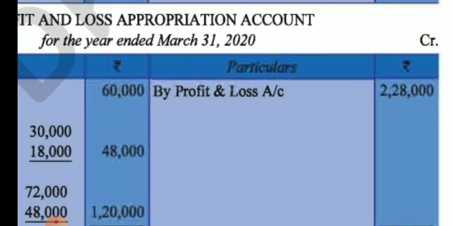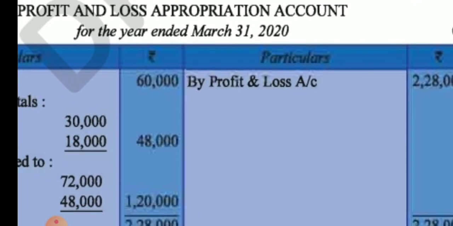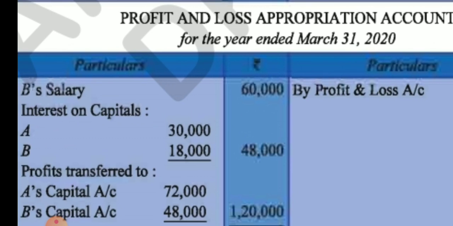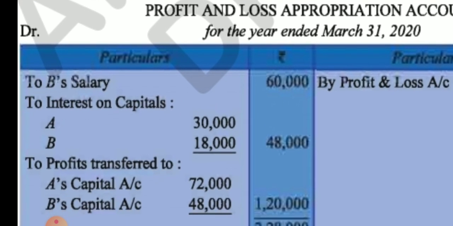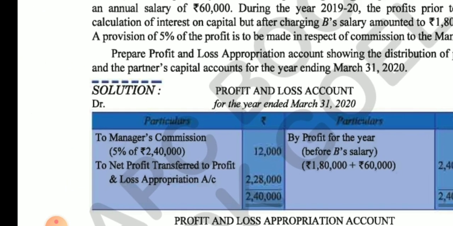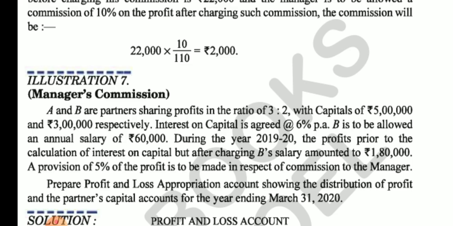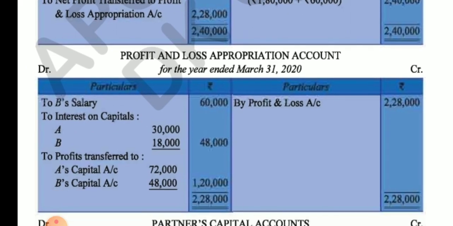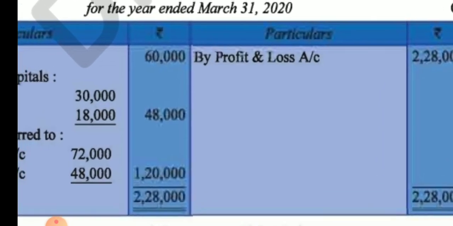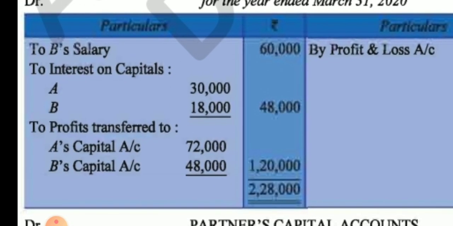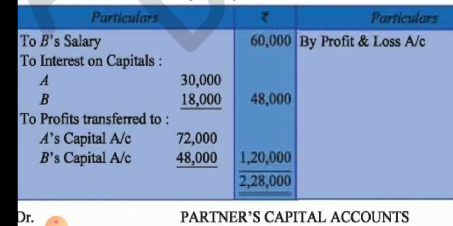Just see here, 2,28,000. Then salary, as given in the question, then interest on capital at a rate of 6%: 5 lakh at 6% is 30,000, 3 lakh at 6% is 18,000. Total amount 48,000.